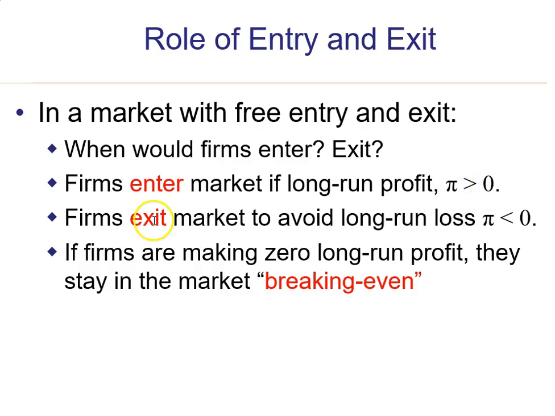When do firms exit a market? To avoid long-run losses, when profits are less than zero. So in the long run, competitive firms will be breaking even. The market will be breaking even. And so when firms are breaking even, there's no incentive to enter, there's no incentive to exit. That's our long-run equilibrium.